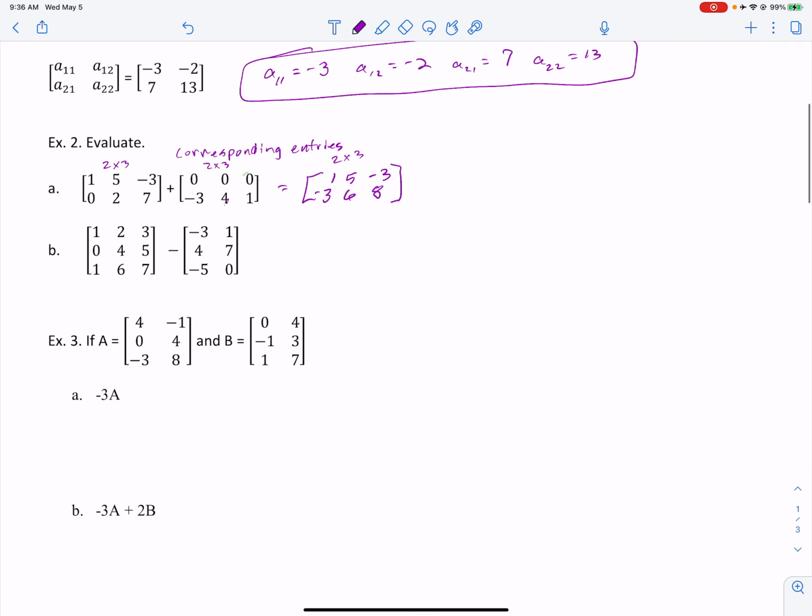So in part B, when we start adding, we have the 1 and the -3 is a -2, 2 and 1 is 3, but then, oops, they are not of the same size. It is impossible to add these. So we'll say that the sum of these is undefined because they do not have the same dimensions.